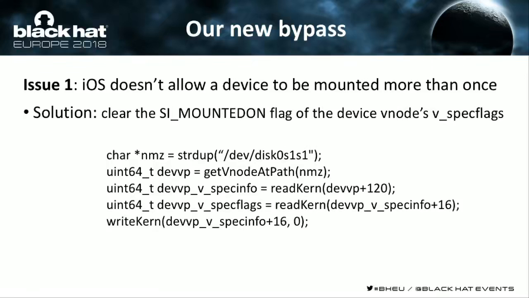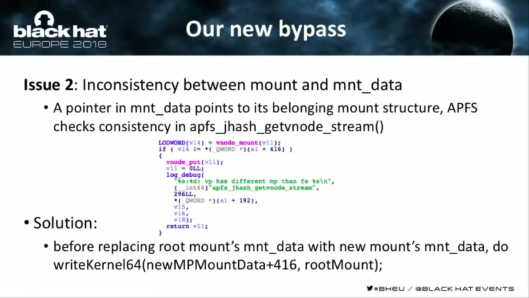This is the implementation of this bypass. And secondly, there's a pointer in the mount data structure pointing to its belonging mount structure. APFS checks the consistency between the mount structure and the mount data structure.